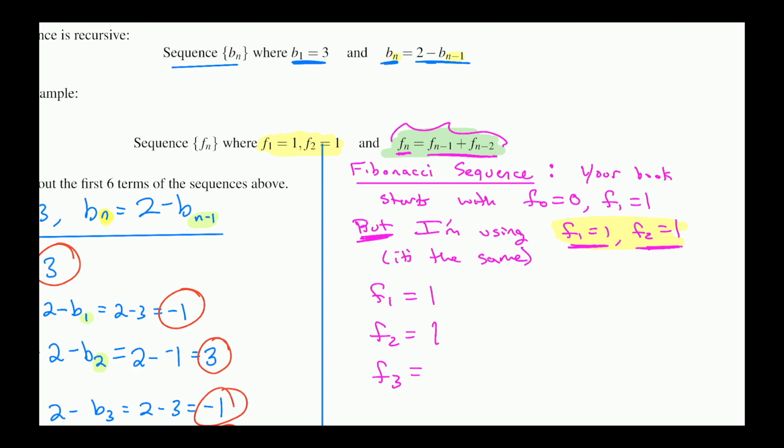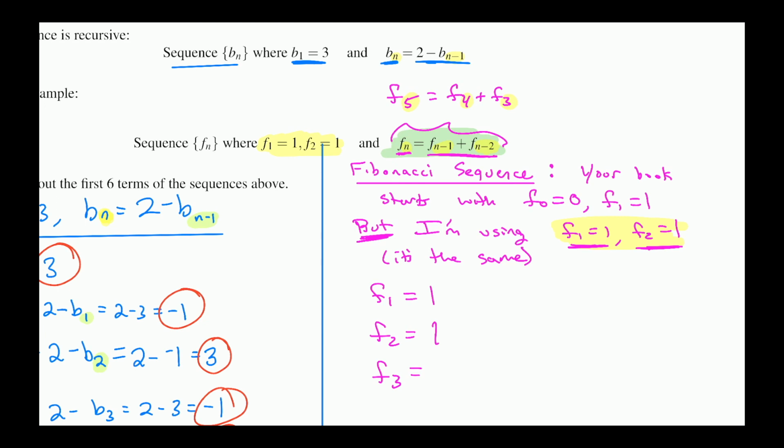For example, to calculate F5, it would be F4 plus F3. What you really want to remember is the relationship between these numbers, because of the n minus 1, n minus 2. You're just counting down.